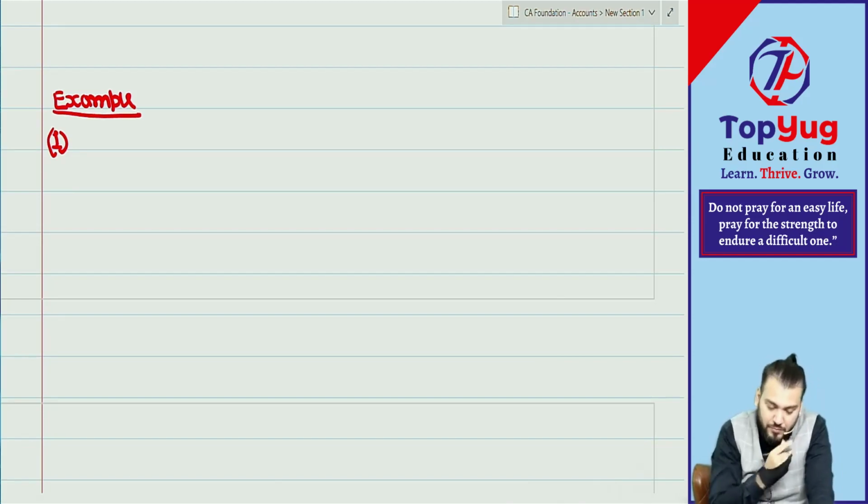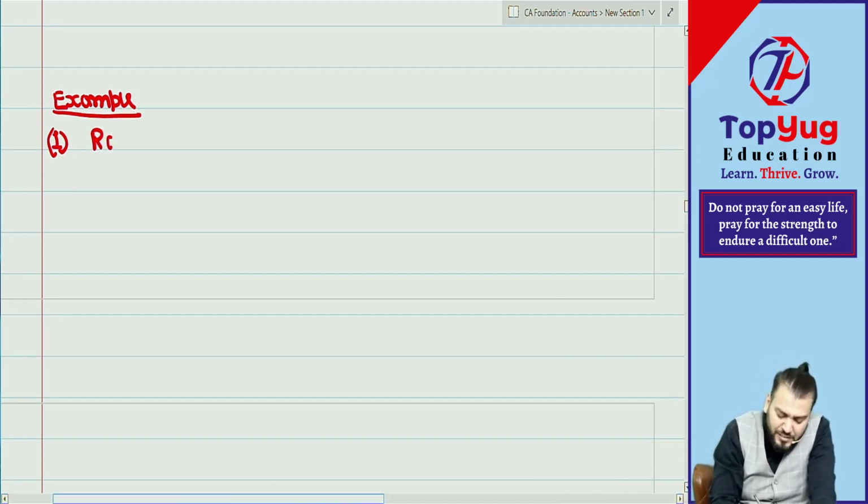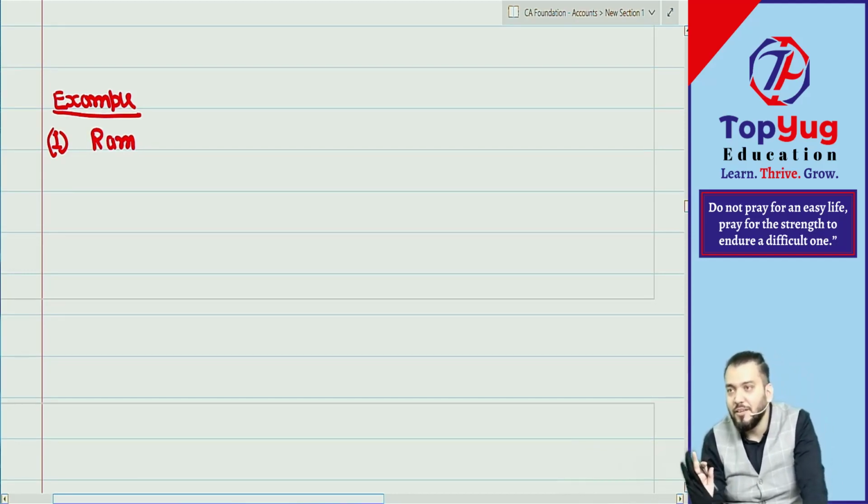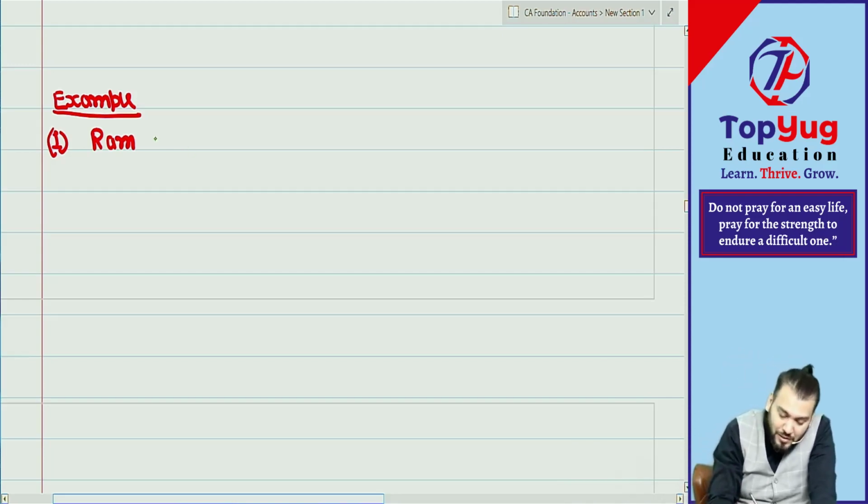First example. I'm starting with a very basic transaction. Ram in our example is always the owner. Ram commenced business by introducing cash. I think the first transaction you have done was this only.